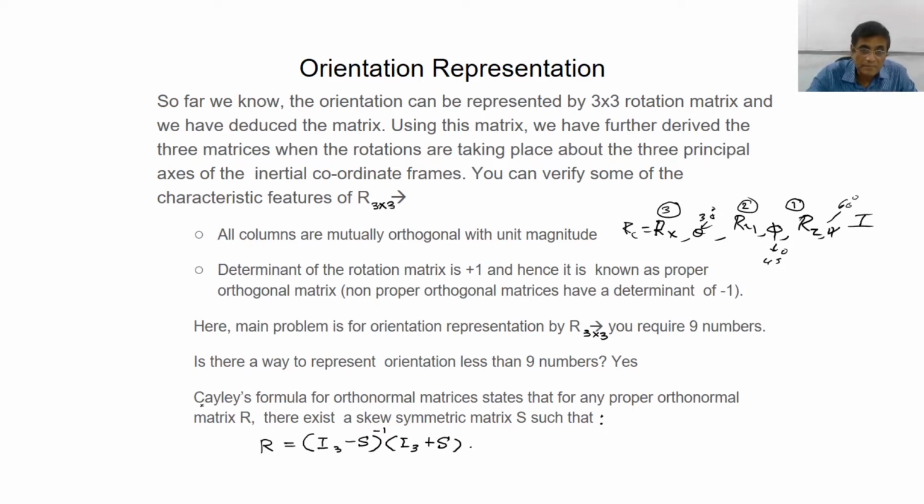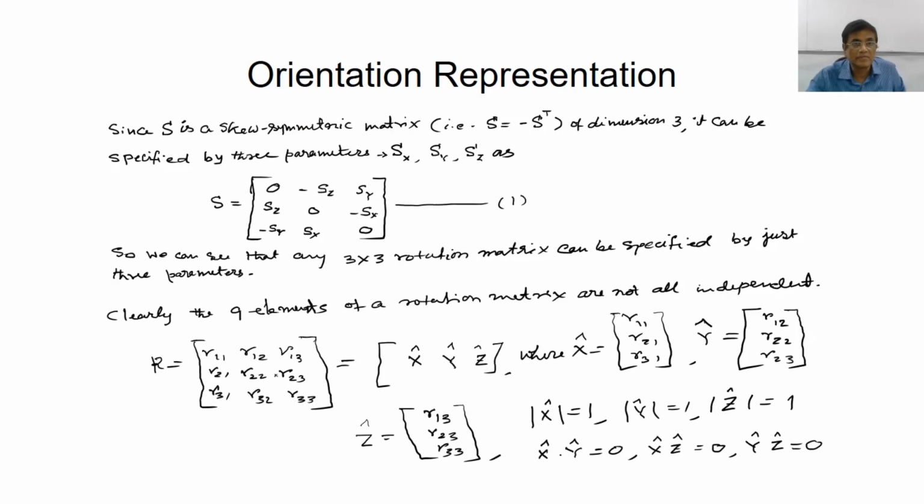That is actually the problem looked into by Cayley, who devised Cayley's formula for orthonormal matrices, which states that for any proper orthonormal matrix R, there exists a skew symmetric matrix S such that R will be equal to the inverse of (I3 minus S) multiplied by (I3 plus S), where I3 is the 3 cross 3 unit matrix. So this is his formula, and let us see what we are getting out of it.